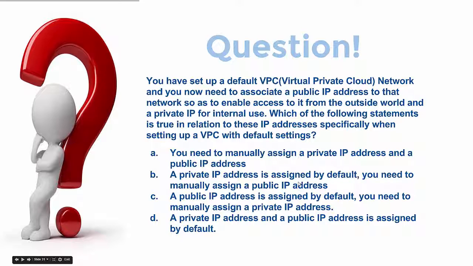A private IP is assigned by default and you need to manually assign a public? Or is a public assigned by default and you need to manually assign a private, or do the private IP address and the public IP address get assigned by default? The answer to that, if you didn't already know it, is the last one, that they are both assigned by default.